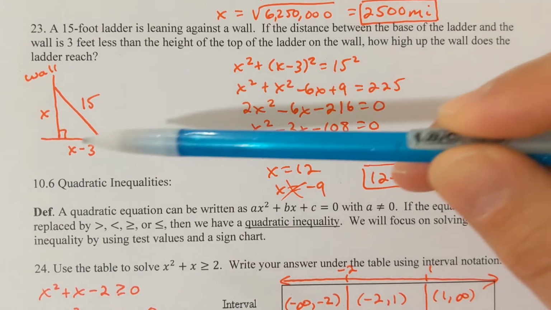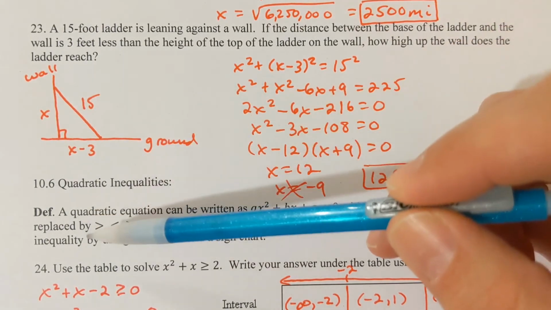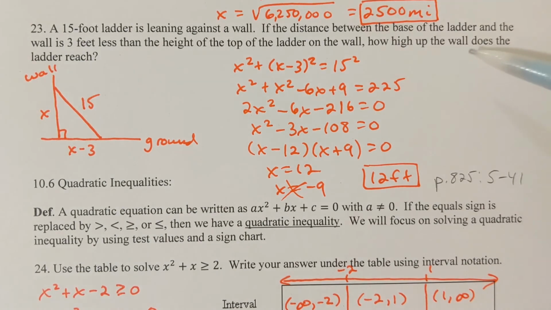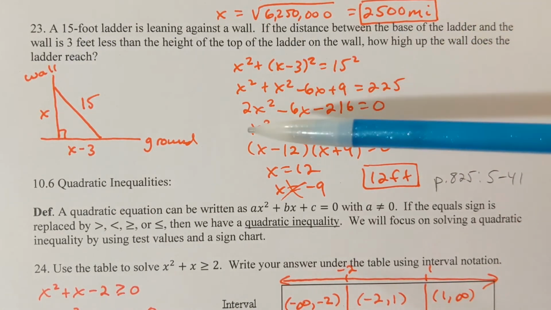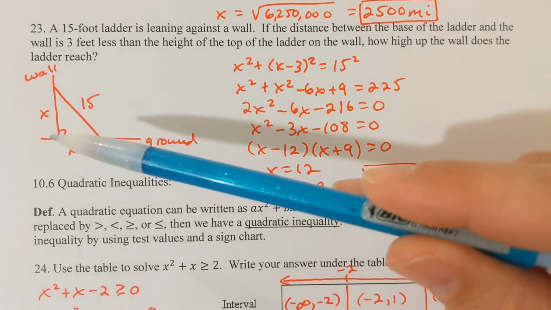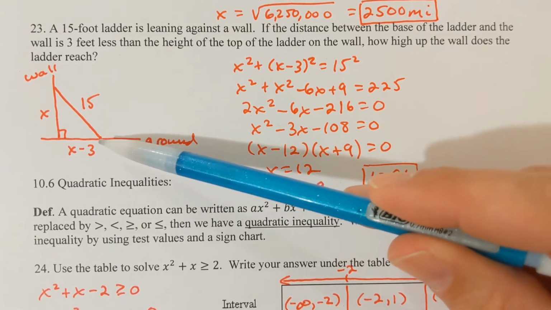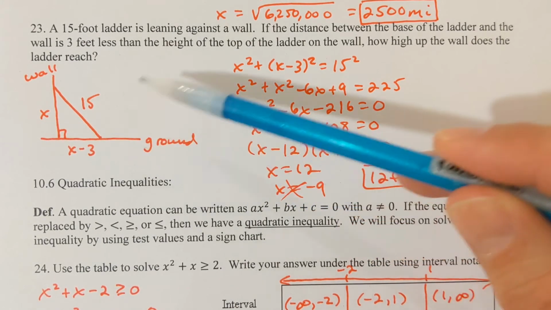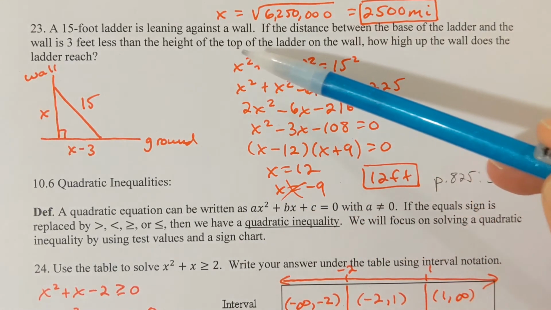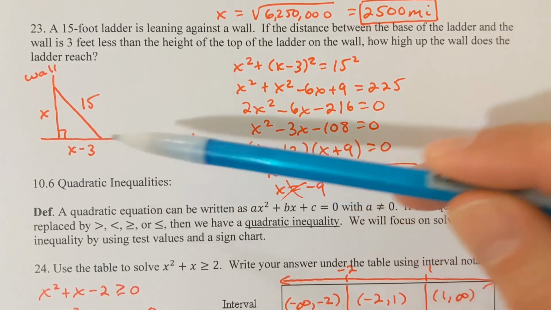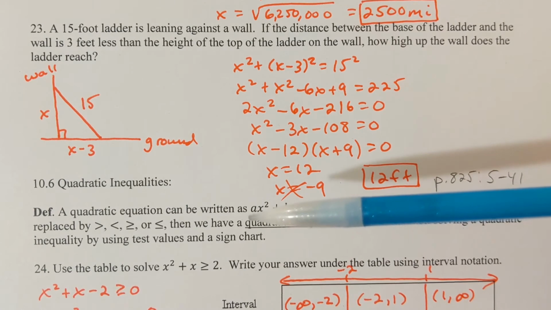I'll call the distance from the ground to the top of the ladder x. That's what I'd like to know. How high up the wall does the ladder reach? It also says that the distance between the base of the ladder and the wall is 3 feet less than the height of the top of the ladder on the wall. So whatever x is, this measurement here is going to be x minus 3.